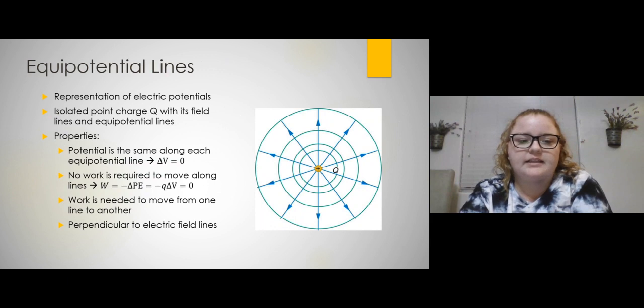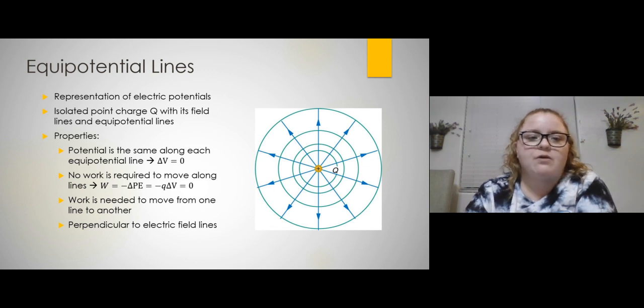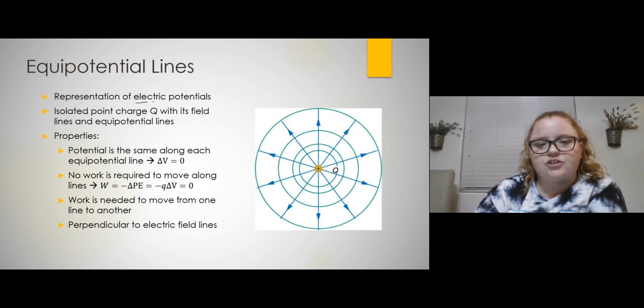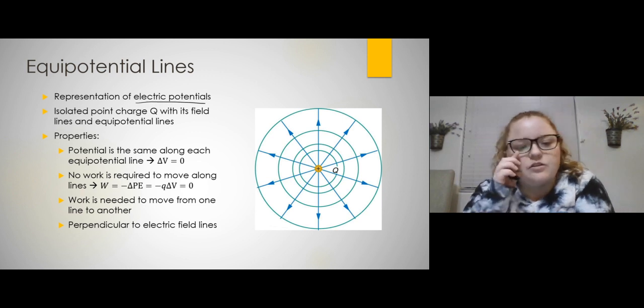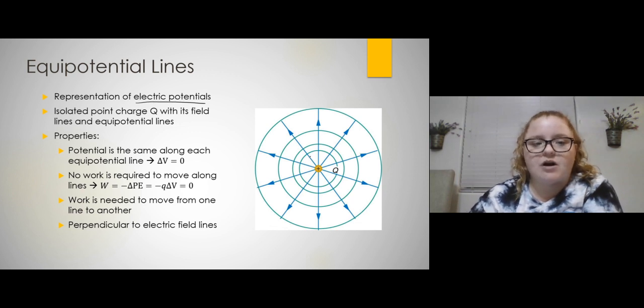All right, let's look at a new concept called equipotential lines. This is a way for us to represent electric potentials. In this diagram, we have a charge Q with an electric field. We have electric field lines here, and then you start seeing the equipotential lines, which are these circles. Let me list out some properties.